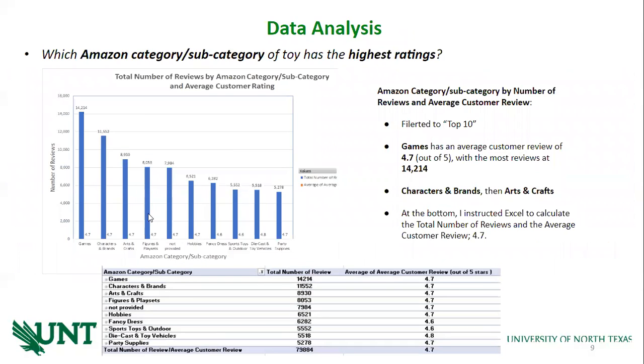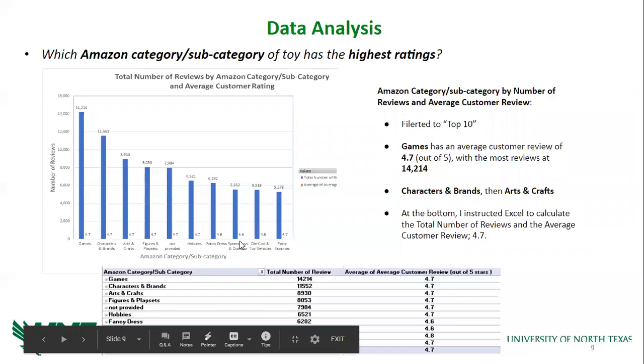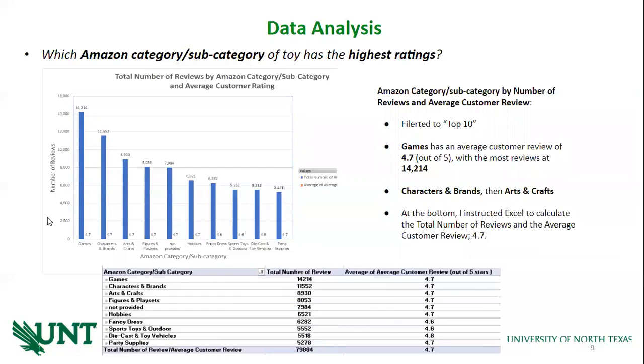On to the questions. My first question was, which category or subcategory has the highest ratings? After doing some pivot tables and charts, I filtered it down to the top 10 because there were so many options. And what we found is games had the most. Down here is the category, and here is the number of reviews.